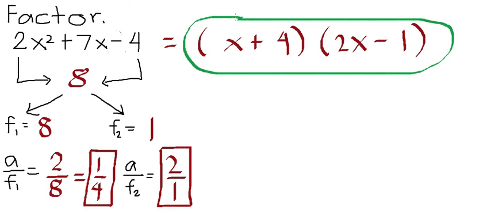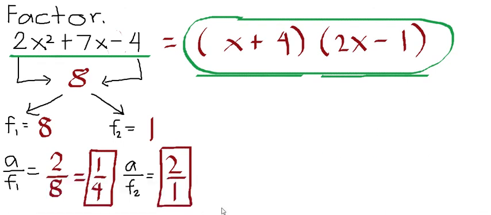Kayo nang bahalang mag-check sa FOIL method kung pag pinag-multiply ba natin tong x plus 4 and 2x minus 1, equivalent ba siya dito sa 2x squared plus 7x minus 4. Kayo na bahala mag-check ha.